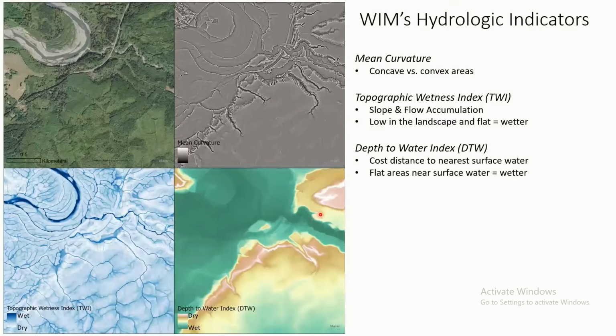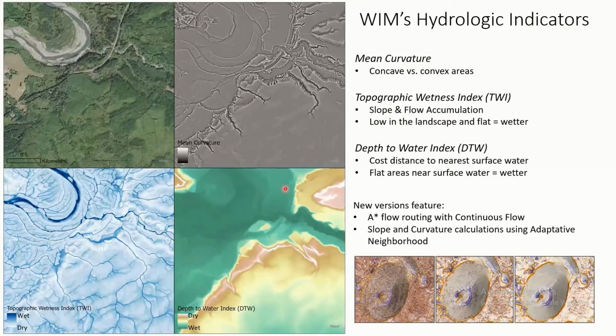So DTW is looking at a cost distance of the areas in your raster to the nearest surface water. And it's measuring that cost in terms of slope. So that is to say that areas that are very flat and near surface water are likely to be wetter. So this is really doing a good job at capturing those riparian areas, or maybe those depressional areas that are still fairly close to surface water and are likely to see some saturation.